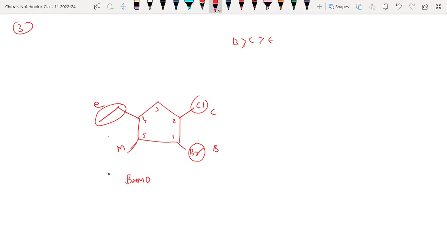You can write 1-bromo also, but if bromo is there, that means it is on the first carbon. Okay, so I'm writing the name: bromo, then 2-chloro, then 4-ethyl, then 5-methyl.